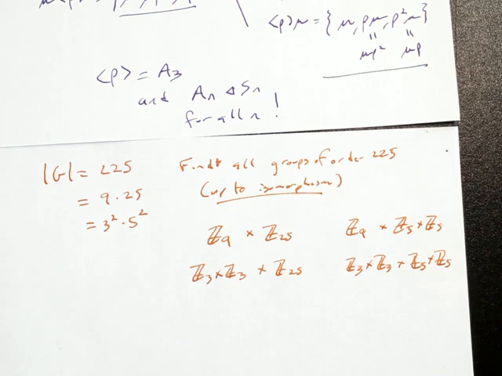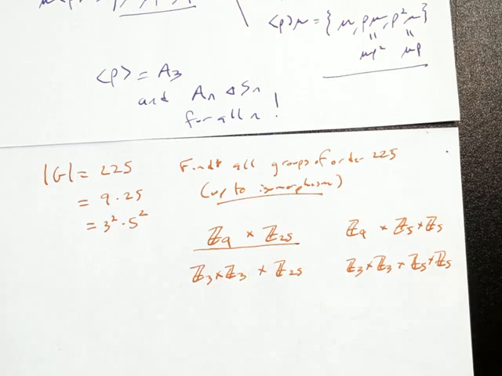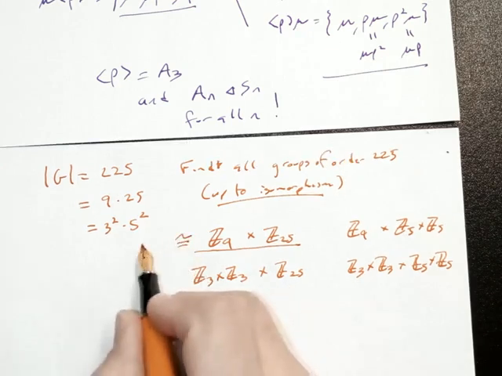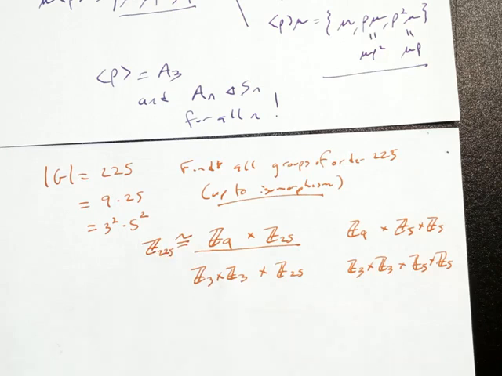The first one we wrote, this one, those orders, those indices are relatively prime, 3 squared and 5 squared. So this is the one that's actually isomorphic to Z225, which is why I didn't write that one down as an option. It's isomorphic to one of the ones we were given.